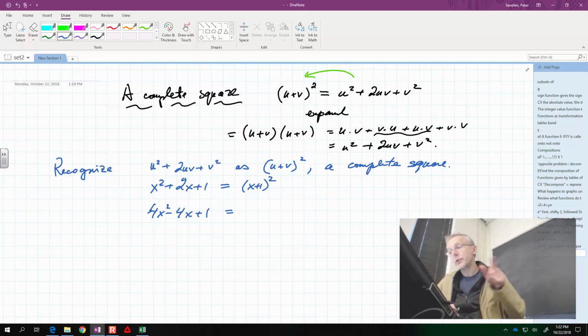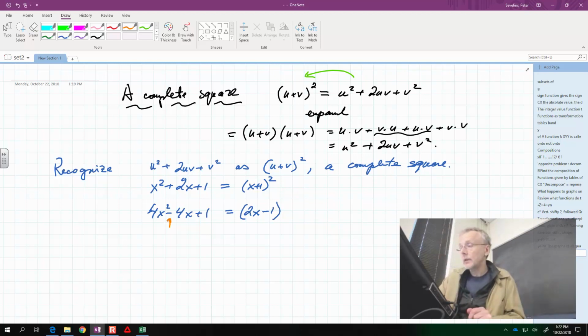So the first term is u squared, which means that what is u? 2x, right. And the last term is v squared, which means that v is minus 1. Not 1, but minus 1. Why? Because that extra sign over here tells you so.